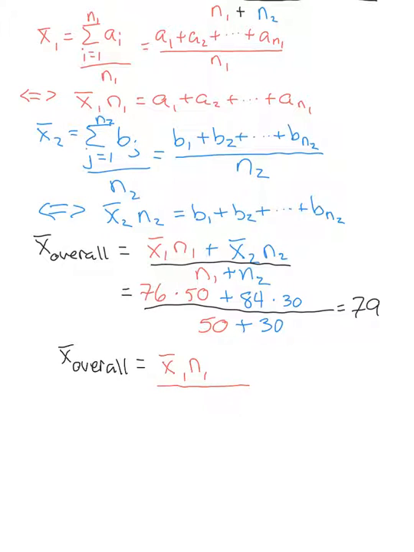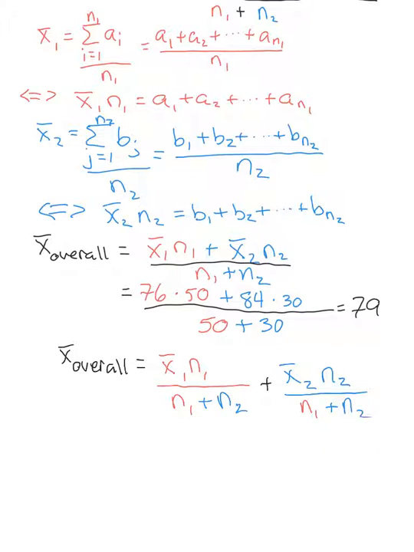So we're going to have that plus our n2 over here, added with our x bar 2 and n2 divided by our n1 plus n2.